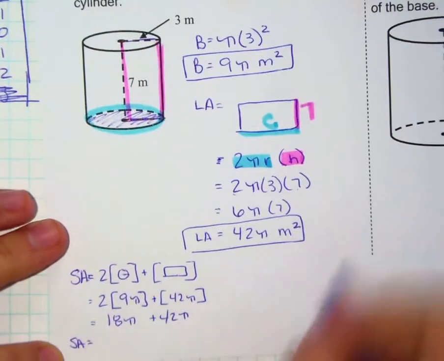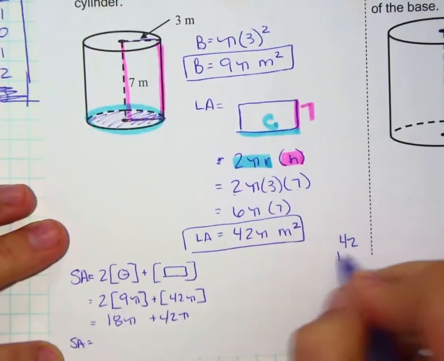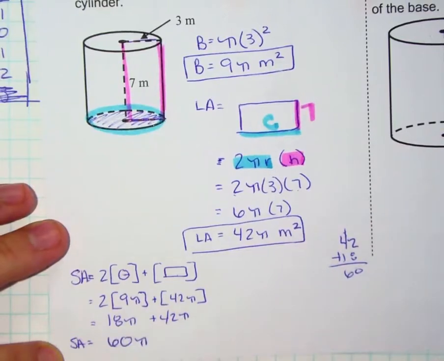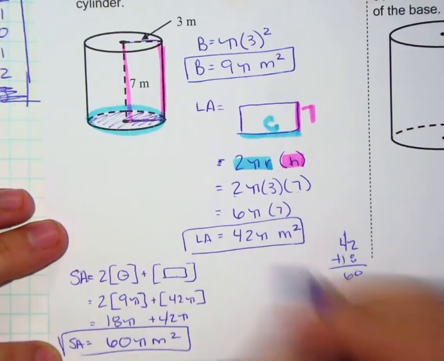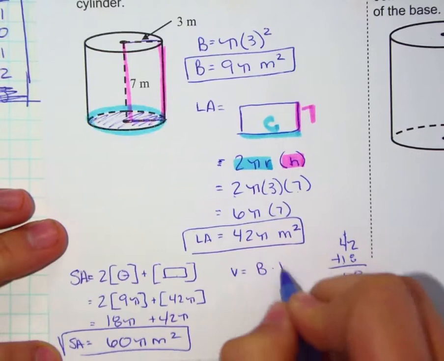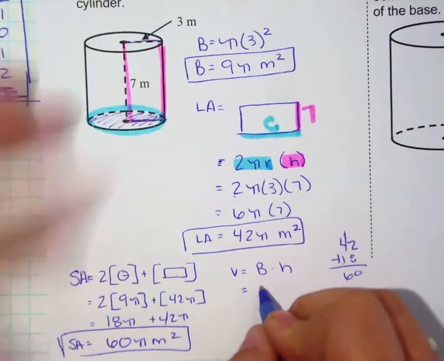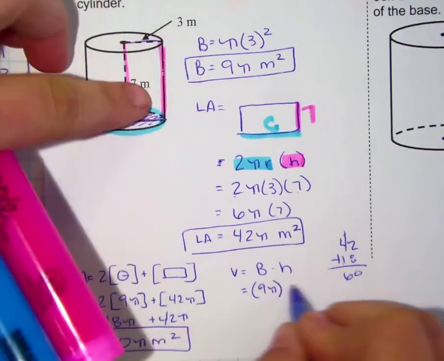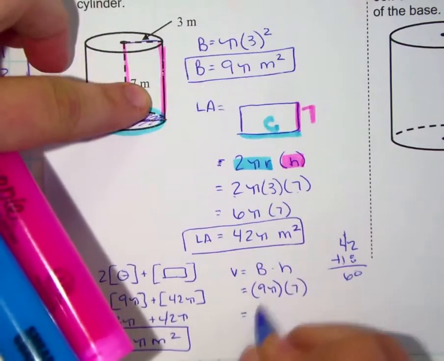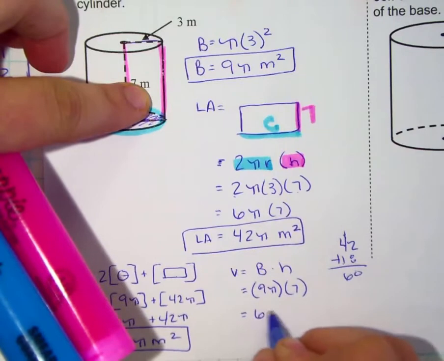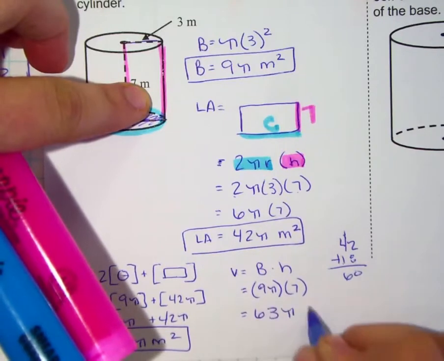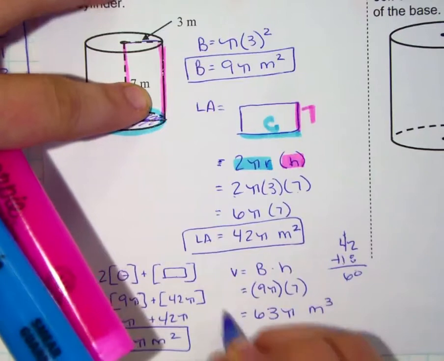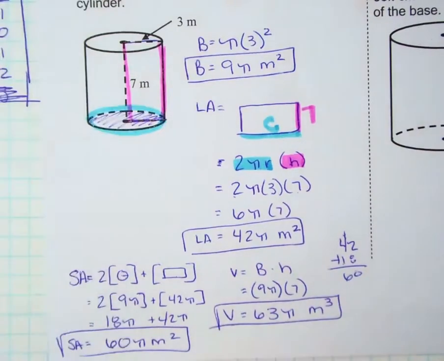So the surface area is 18 plus 42, which is 60 pi meters squared. Last but not least, we're going to find the volume, which is base area times height. The base area is the circle base, 9 pi, times the height, which is 7. 9 times 7 is 63 pi meters cubed. And there's our answer.